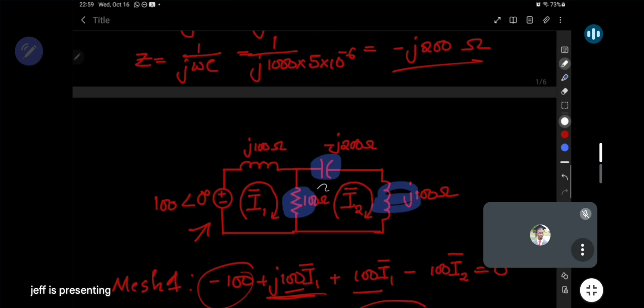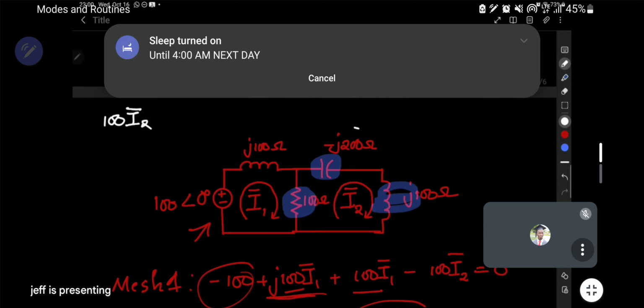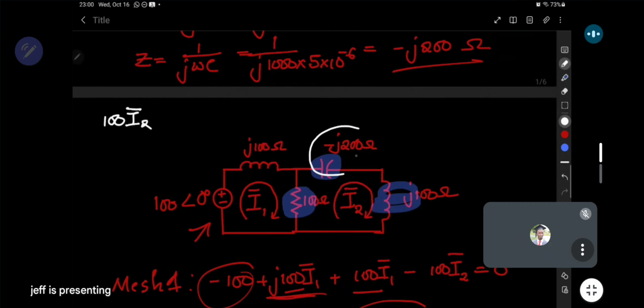So I'll say the 100 here, multiplying I2, I'll have the 100 with the I2. Next, the minus J200, multiplying I2 as well. So it's plus, but it comes with its own minus there, multiplying I2.